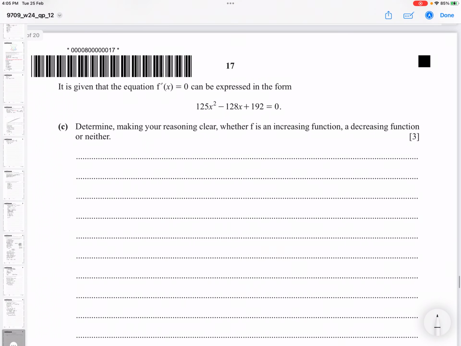In part C, it is given that the equation f prime x equals 0 can be expressed in the form this. Determine, making your reasoning clear, whether f is an increasing function, decreasing, or neither. So put any value of x greater than 0, because in the question the domain was written x is greater than 0. So let's say x equals 3.